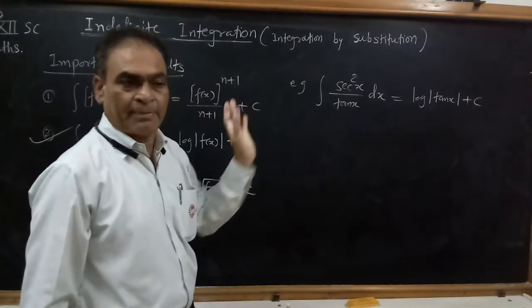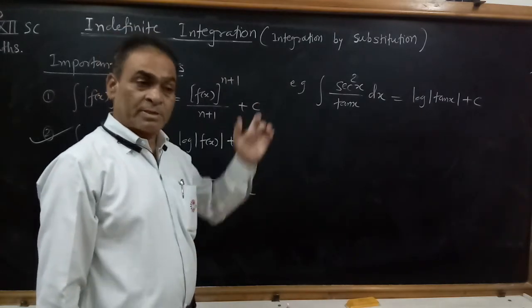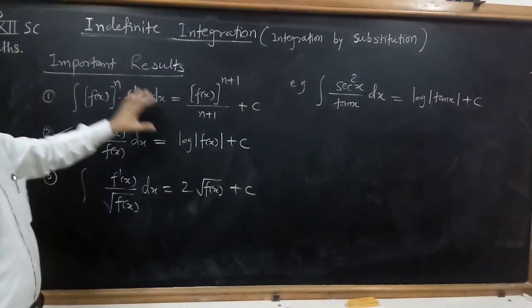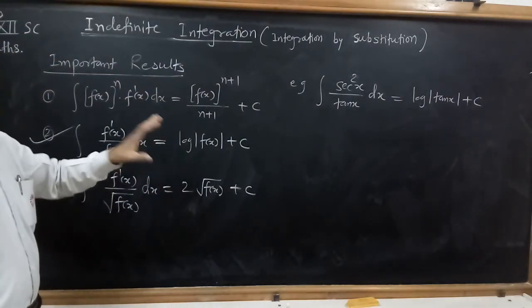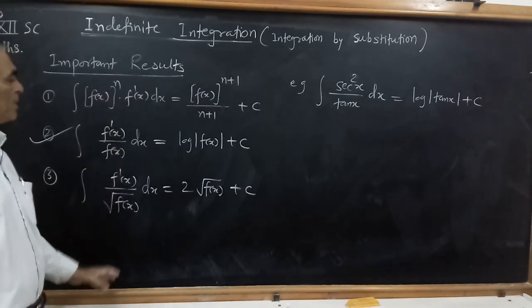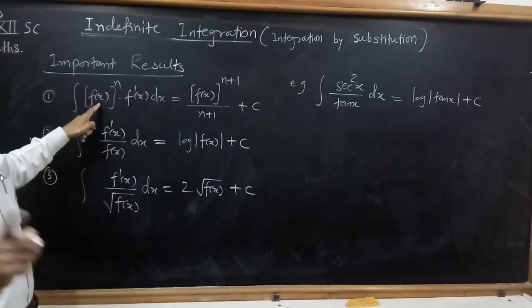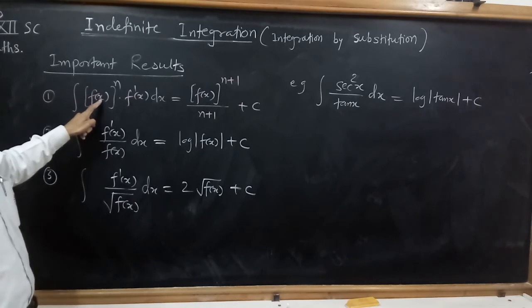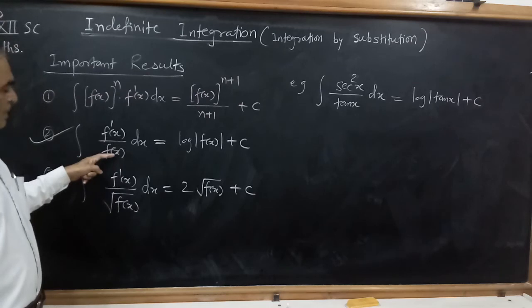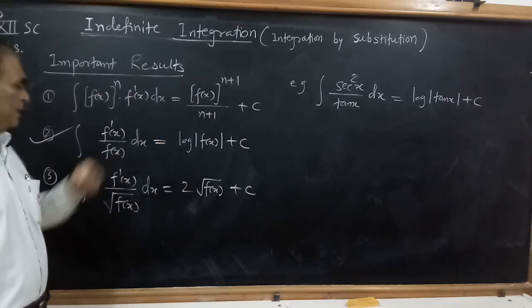Directly you can tell them, not necessarily using the substitution method, because these important results are obtained after the substitution method. By using the substitution method, in this case use the substitution f of x is equal to t and simplify, you will get the answer.